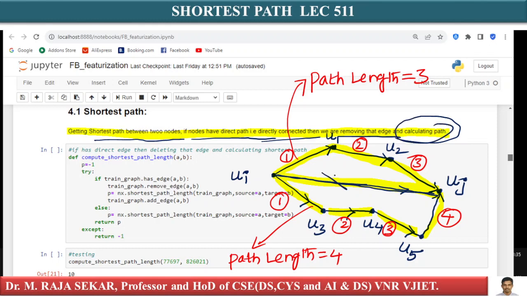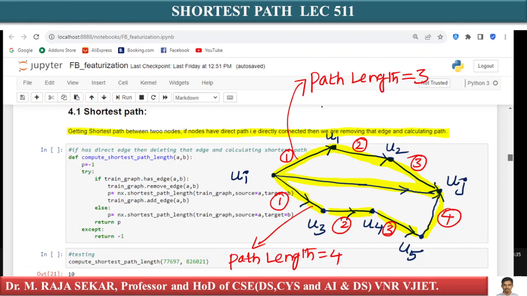You have to remove this direct edge, calculate the path length of the other paths and find the shortest one. In this case, you have a direct edge, therefore you have to remove it. After removing it, this path length is 3 and this path length is 4. The minimum of 3 comma 4 is 3. Therefore, your shortest path length is equal to 3, isn't it?